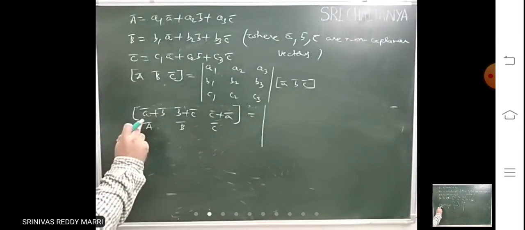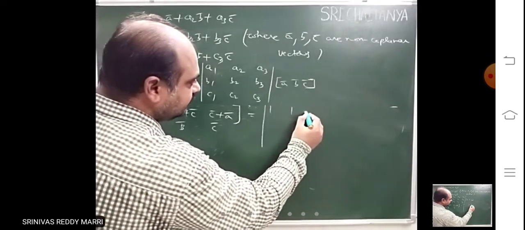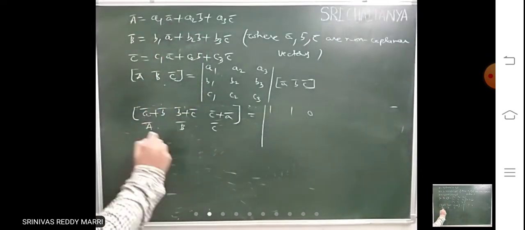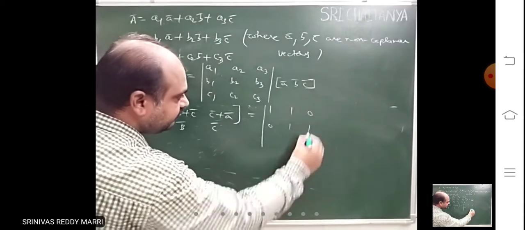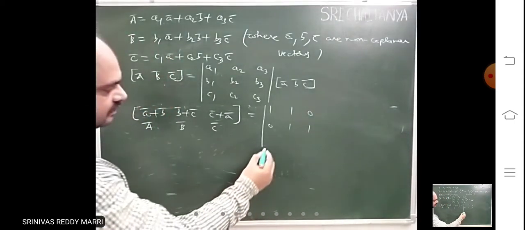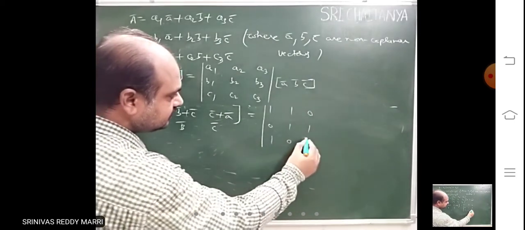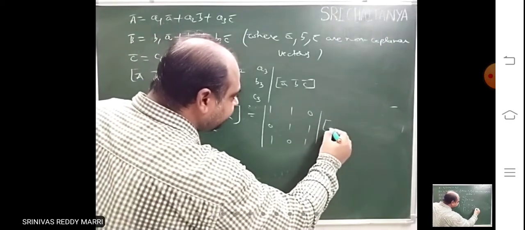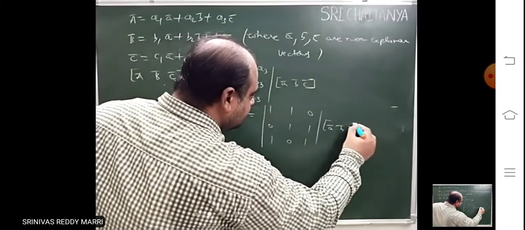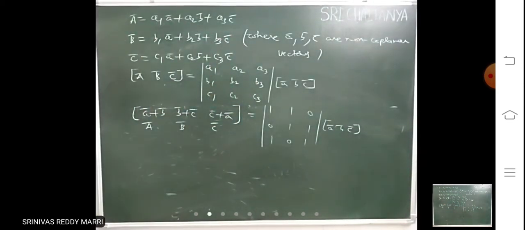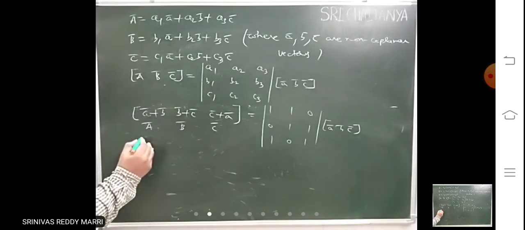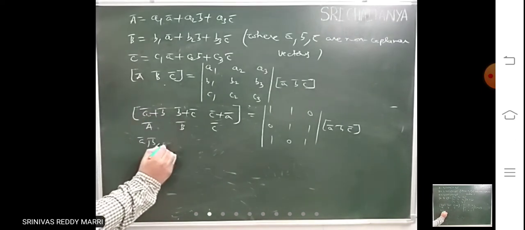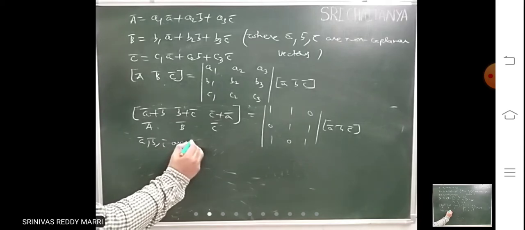The determinant: 1, 1, 0, 0, 1, 1, 1, 0, 1, into, you must not forget to write this, because these are non-coplanar vectors where A bar, B bar, C bar are given in the question.